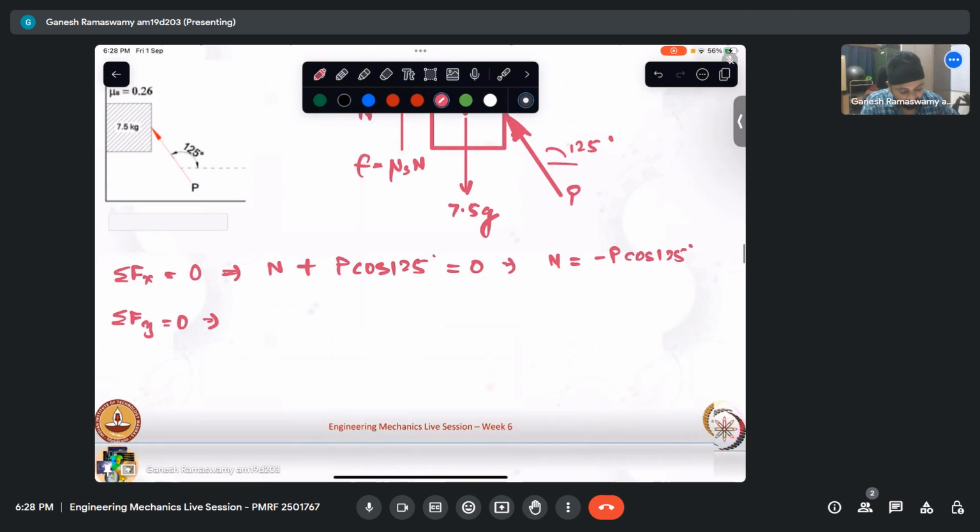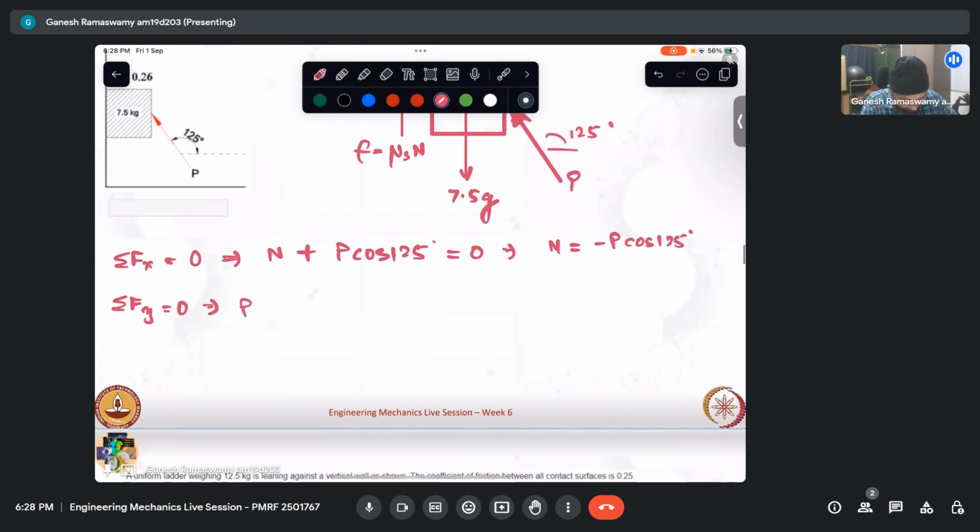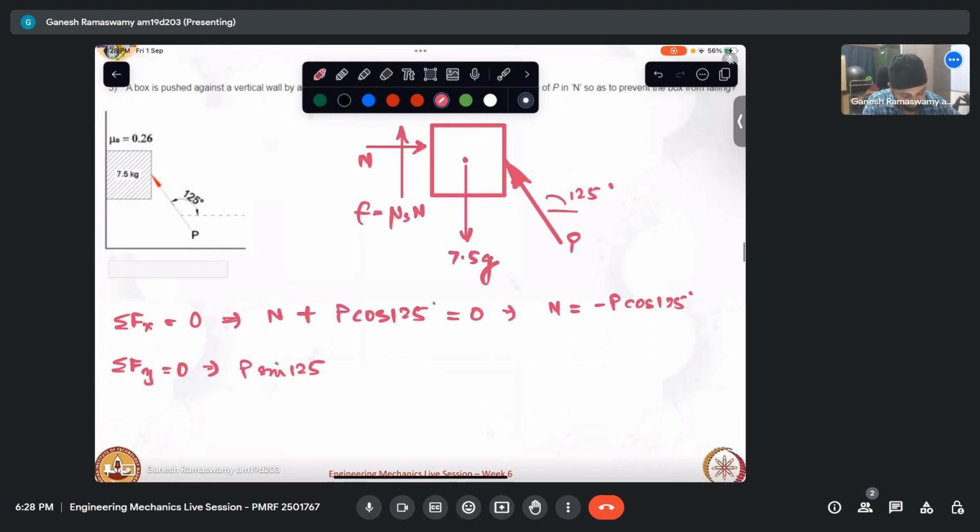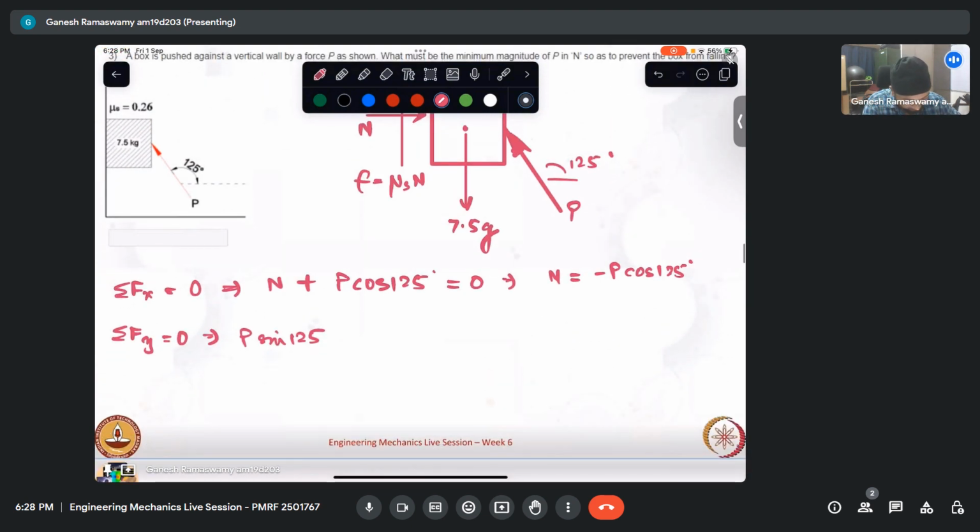In which case I'll have P sine 125. No matter which quadrant I take, in the first two quadrants sine is positive, which is consistent. Sine 125 plus mu s n minus 7.5 g equals 0.